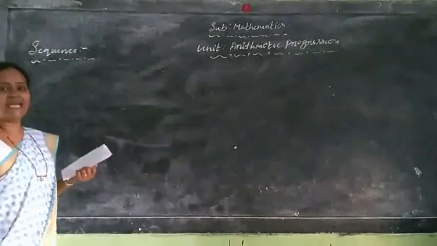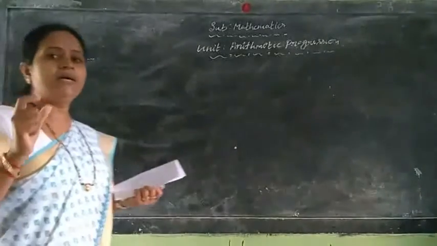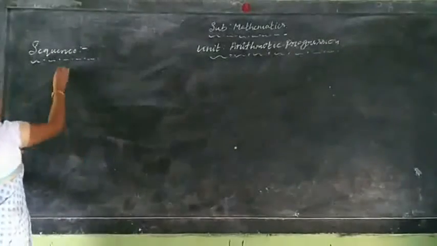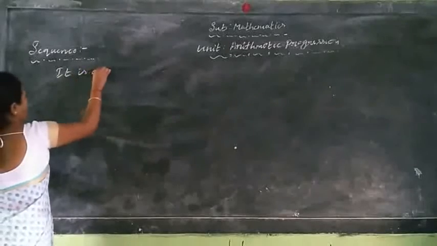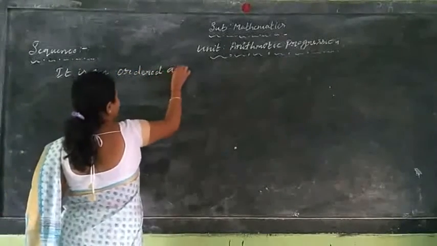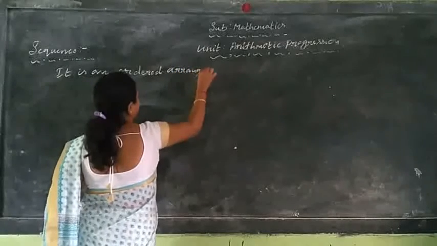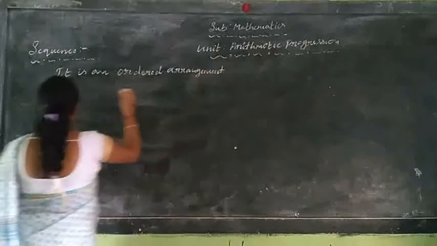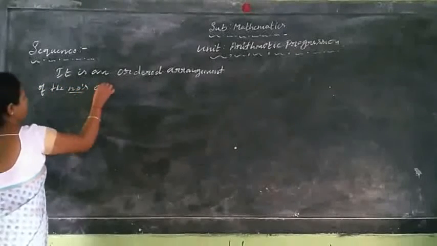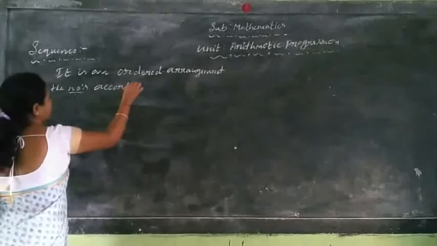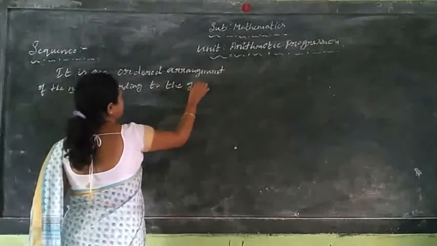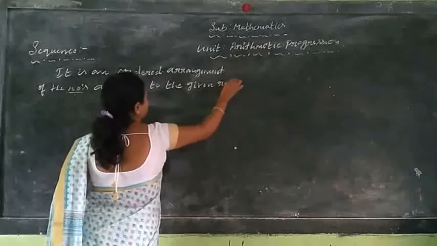Okay, so sequence means, children, it is an ordered arrangement of numbers according to the given rule.